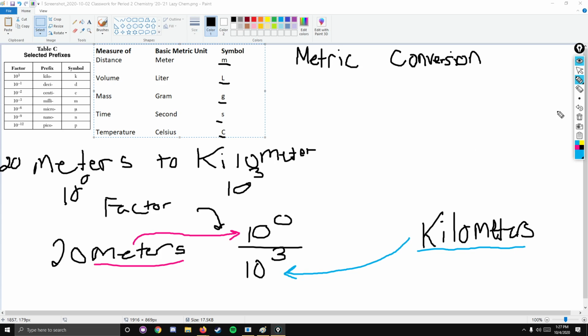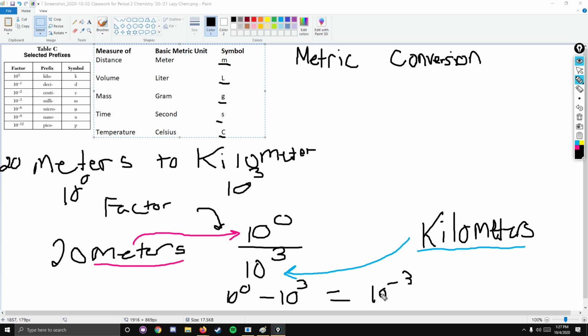So you can type this into your calculator from here, or you can subtract these exponents. So 10 to the 0 and 10 to the 3rd basically means you're doing 10 to the 0 minus 10 to the 3rd, which is the same as 10 to the negative 3rd.